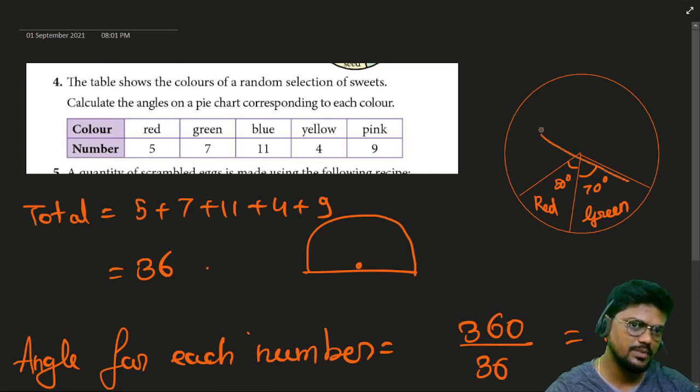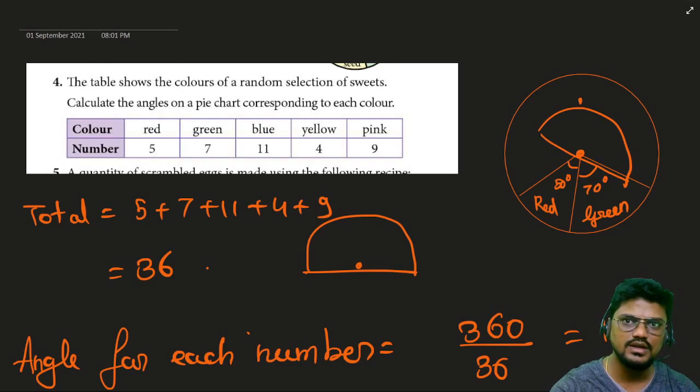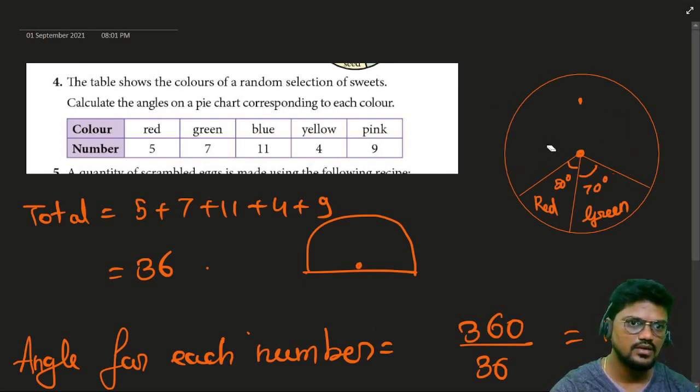You place this center over here and measure where 110 degrees is. The 110 degrees will come somewhere over here, then you remove the protractor and join these two lines, and you get 110 degrees.